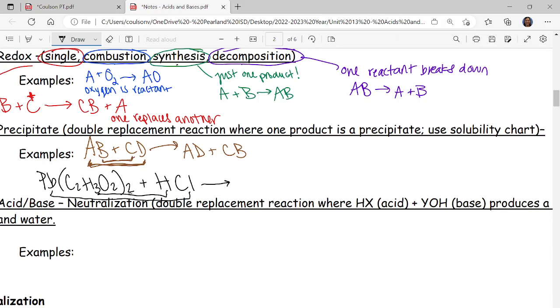Again, I can tell because of the 2 on the outside of the parentheses for acetate. And then chlorine has a -1 charge. So this would be called PbCl2 plus, and then hydrogen would bond to acetate, so it would be HC2H3O2. So I would call this lead(II) chloride, and this would be acetic acid.